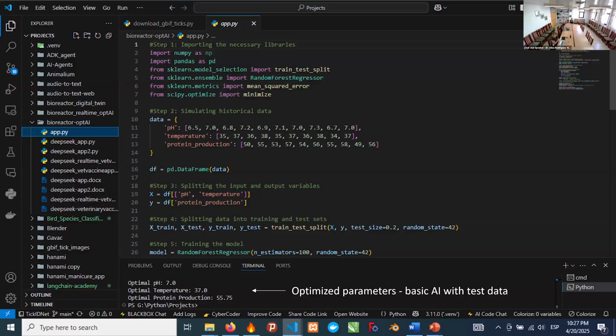represent this. You can see at the bottom of the screen the optimized parameter using tested data.